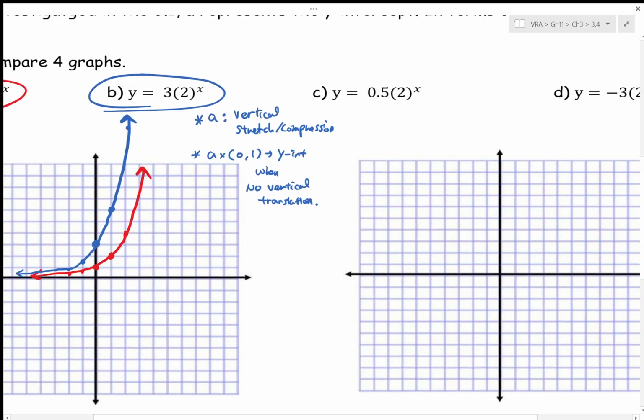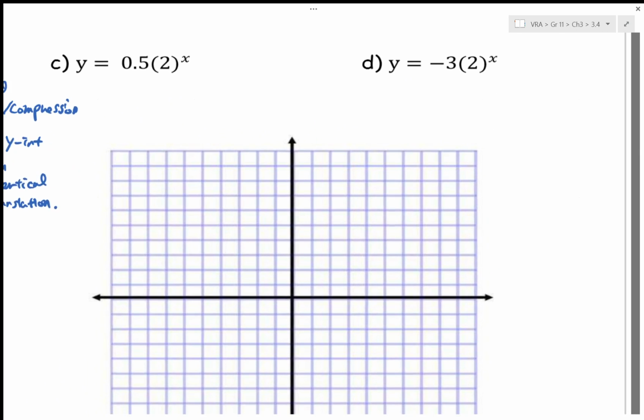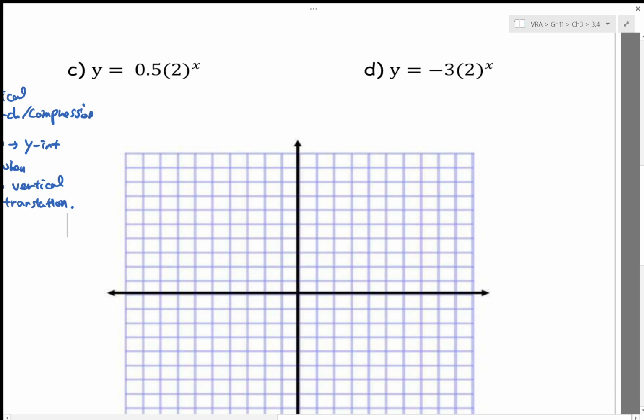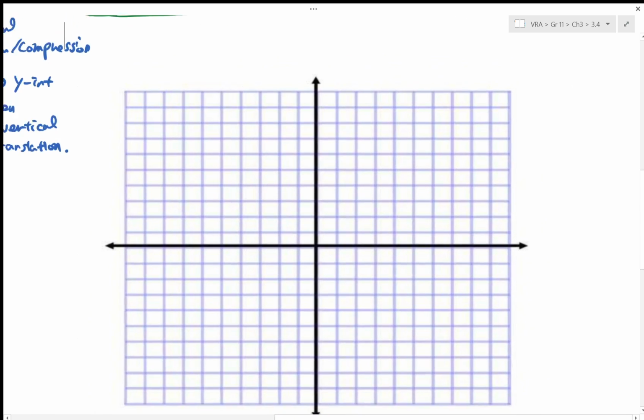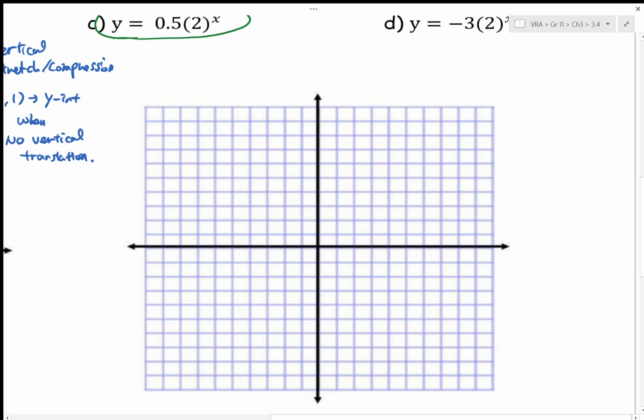Now, take a look at C and D. They actually work in the same way too. This one I'm going to use green for y equals 0.5 times 2 to the power of x. You already, I think, know what's going to happen. Instead of starting at (0, 1), it's going to start at (0, 0.5).